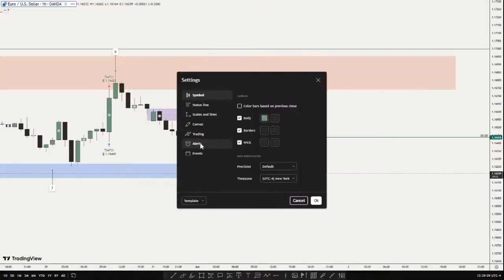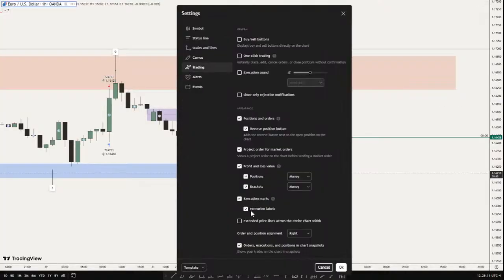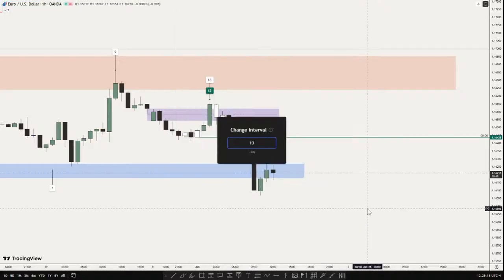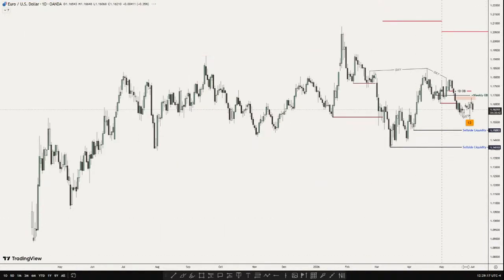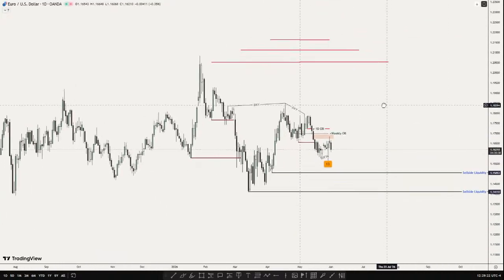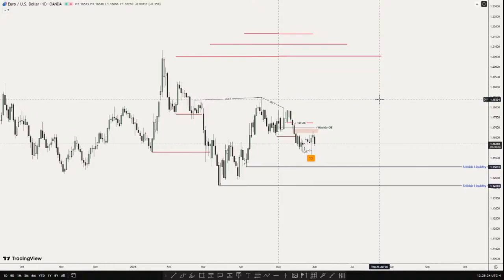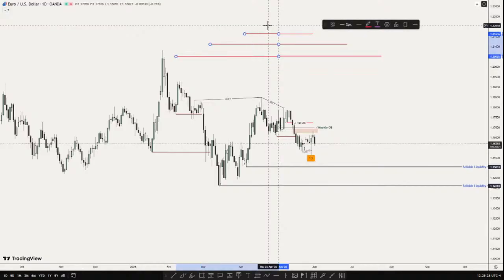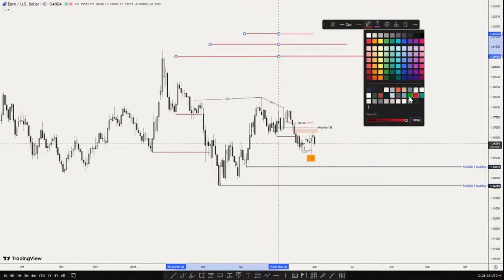Let's look at this. So first of all, I will go over to the daily time frame and I will want you to look at these certain lines that I have marked across the chart.